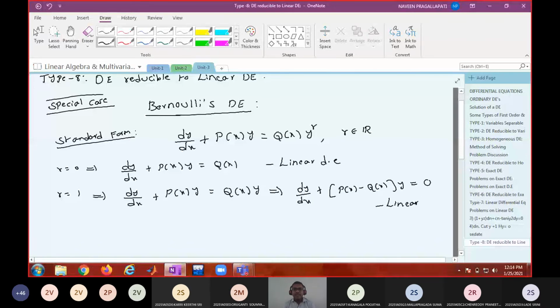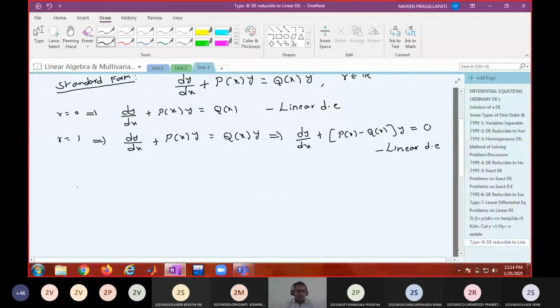Okay. So for any other values of r, r not equal to 0, 1 implies Bernoulli's DE is non-linear. Are you writing in your notes?